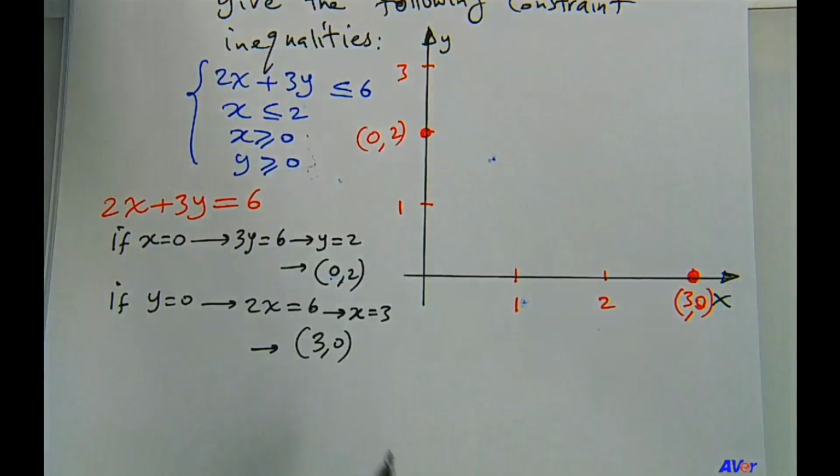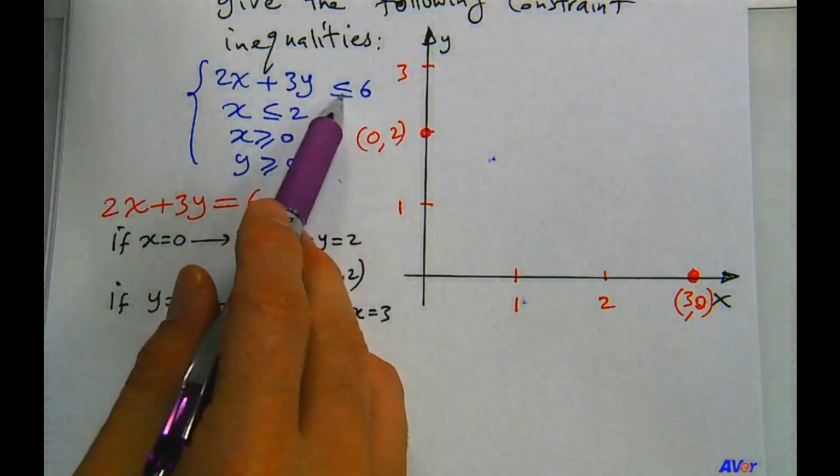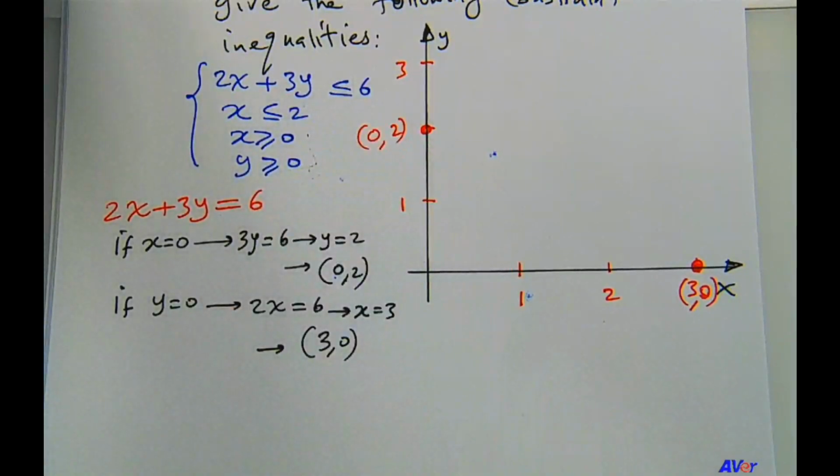Let's connect those with a solid or a dashed one. You guessed it, the solid line, right? Because of this equality that is under the inequality.